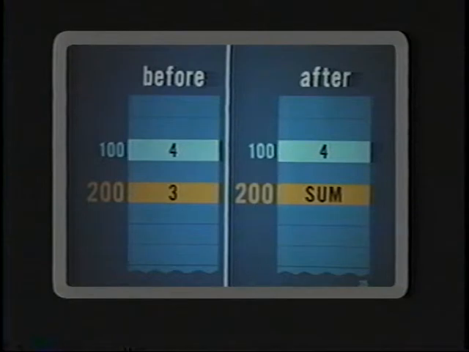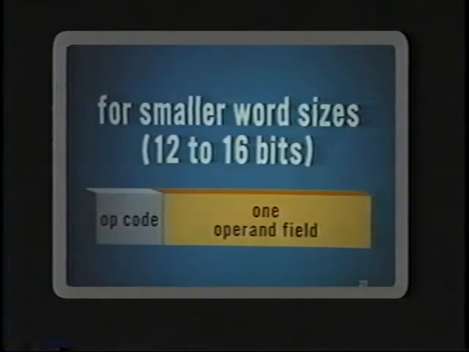However, when only 2 operand fields are used, the resulting sum is usually stored in a location that formerly held one of the operands. In many digital computers, the instruction format is further simplified by eliminating still another operand field. This format is very common in minicomputers because their smaller word sizes, typically in the 12 to 16-bit range, cannot accommodate more than 1 operand field.